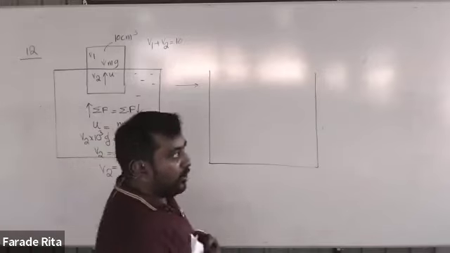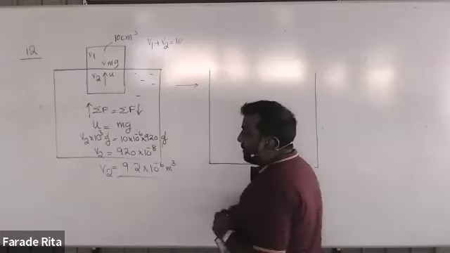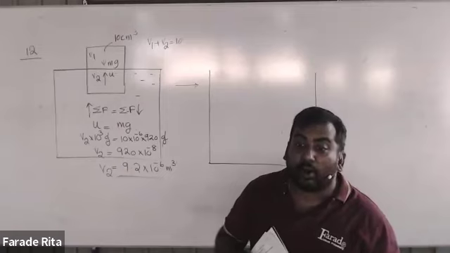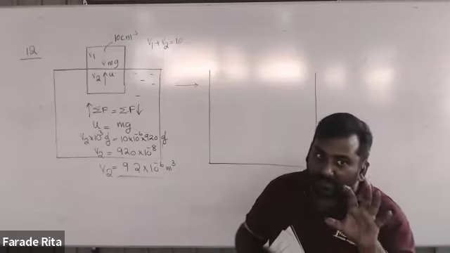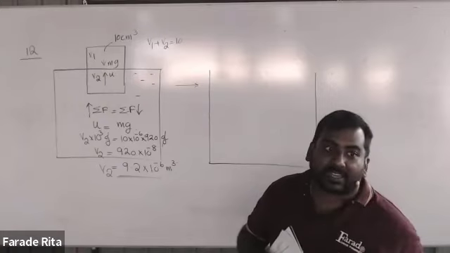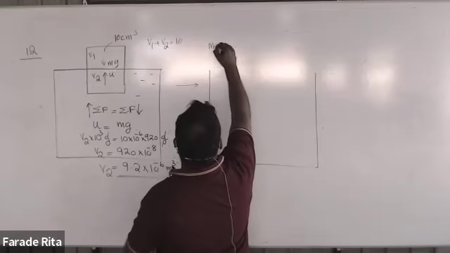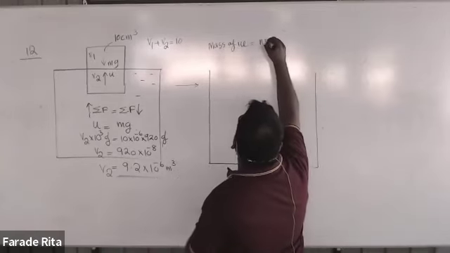Now think carefully, logically. When the ice block melts, what happens? Mass of ice will convert into mass of water. The volume will be different, but the mass converted will always be the same. So the mass of ice converts to mass of water.